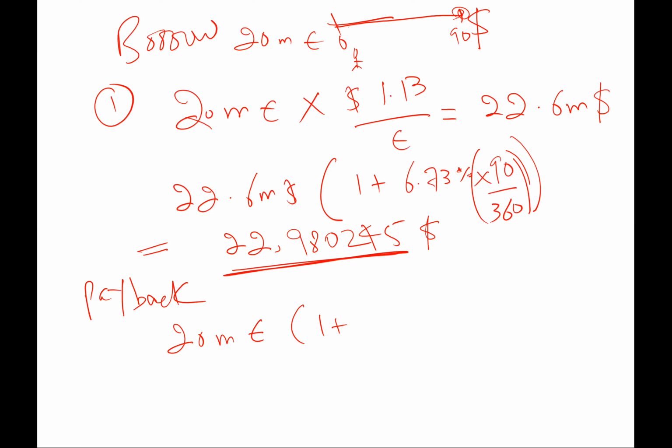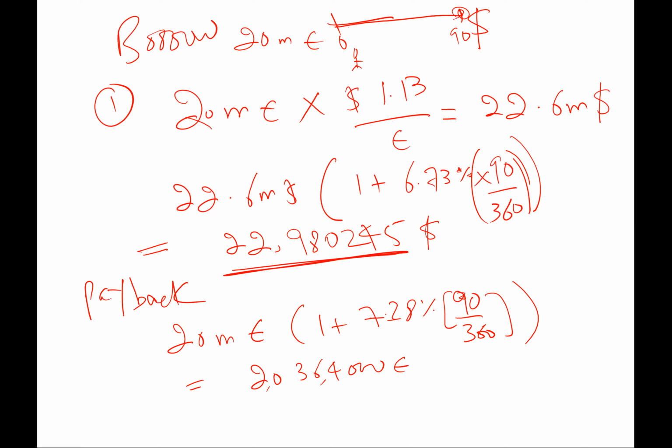And how much do you pay back? 1 plus the interest rate, 7.28% multiplied by 90 over 360. Total euro that you need to pay back is 20,364,000.